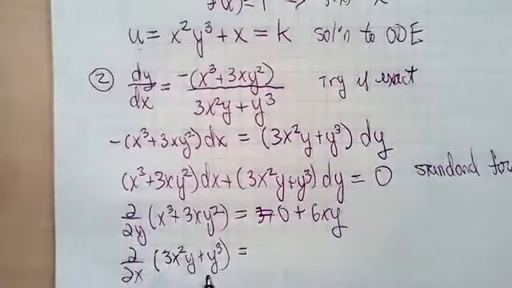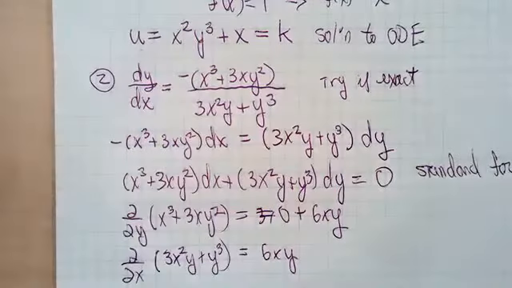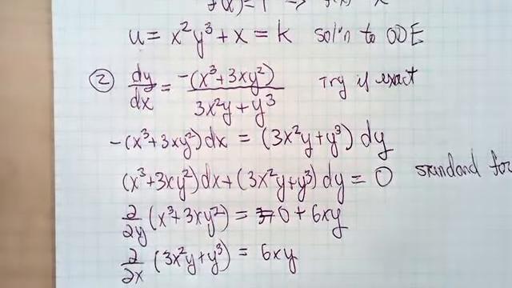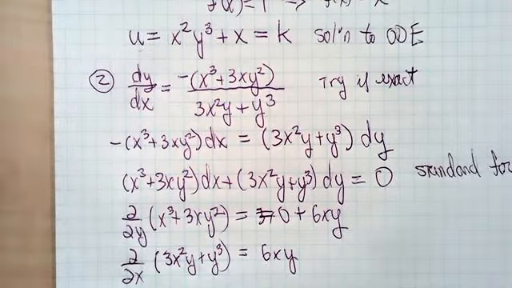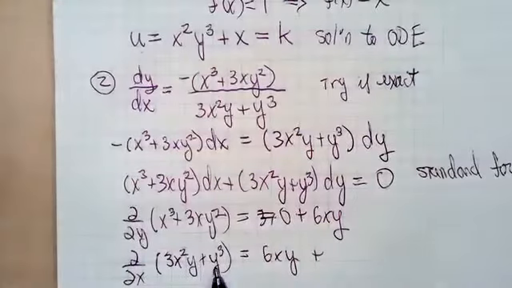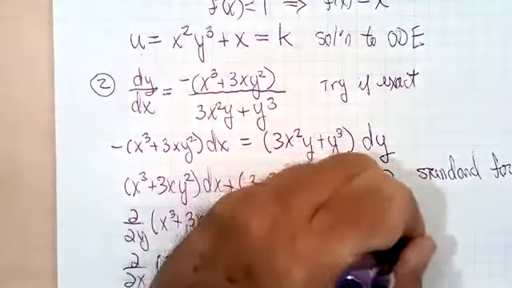And we get 6xy and 0, right? This has only y's in it, so the partial with respect to x is 0. Those are equal, therefore it is exact.